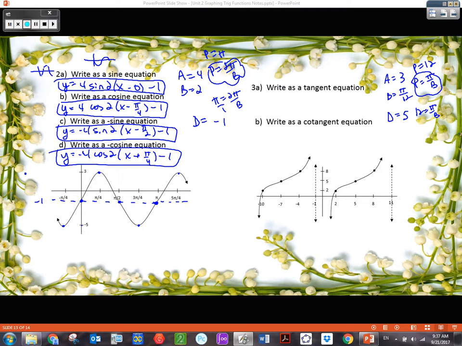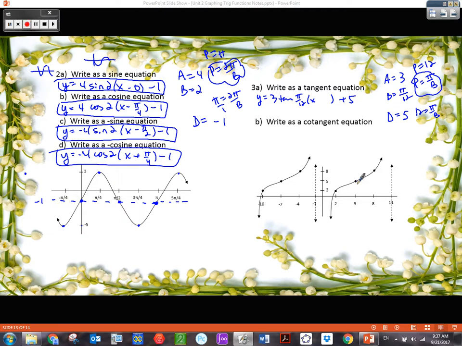Okay. So now let's write a tangent equation. We have y equals 3 tangent pi over 12 x with something, plus 5. We have the template filled out. We just need the phase shift. Let's think about tangent's phase shift.